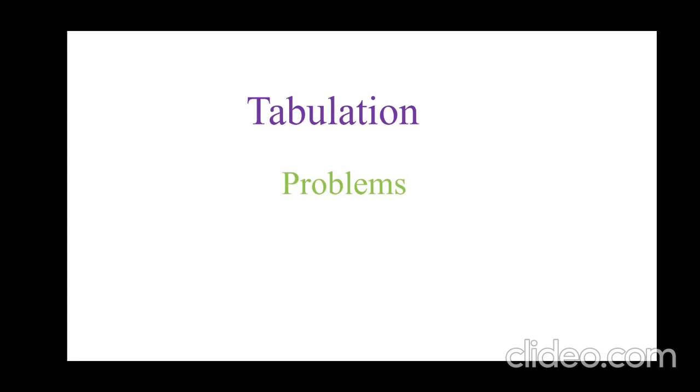Usually: table number, title of the table, column caption, row caption, footnote, source note. This I already explained in the theoretical part of previous videos under the tabulation heading. Now I am going to explain how to solve it.